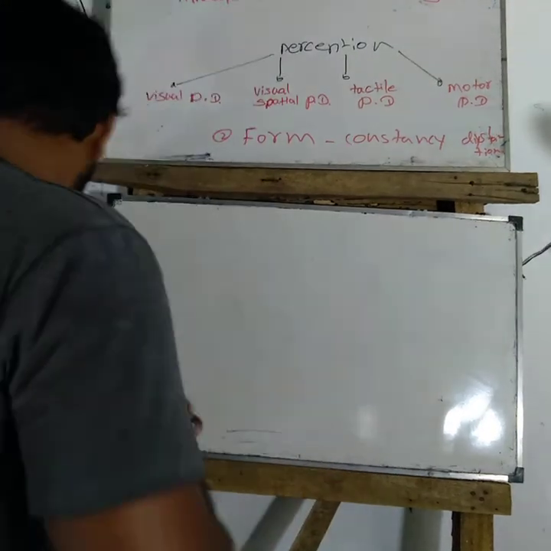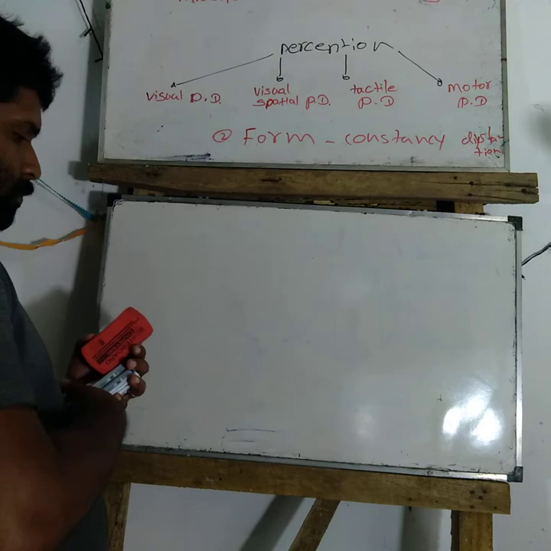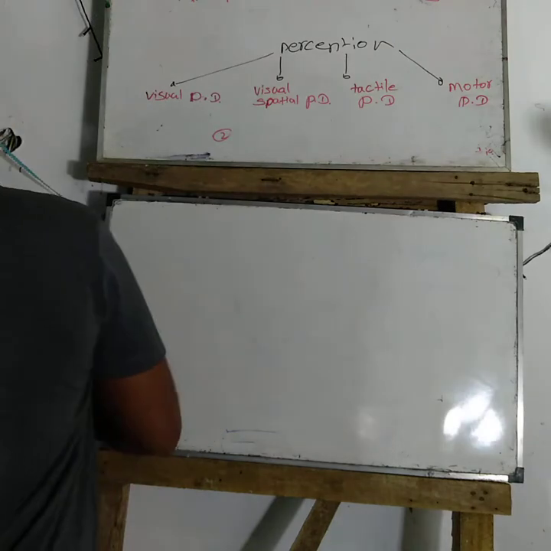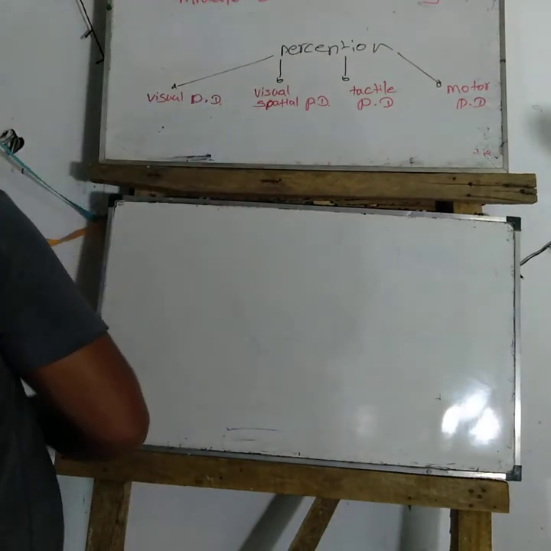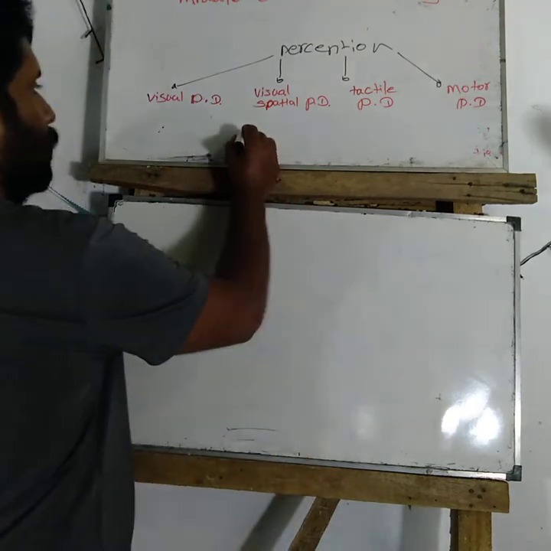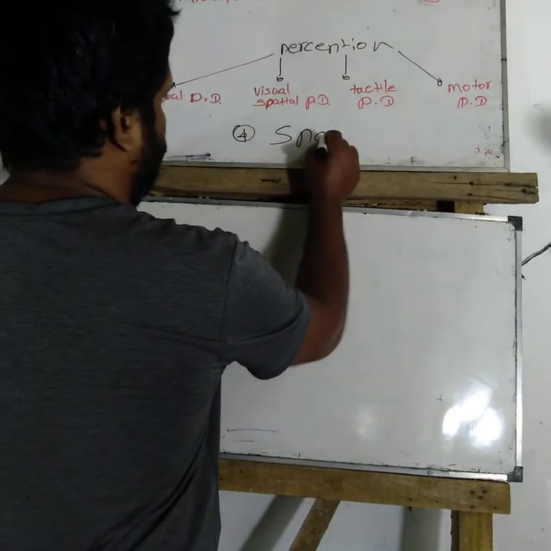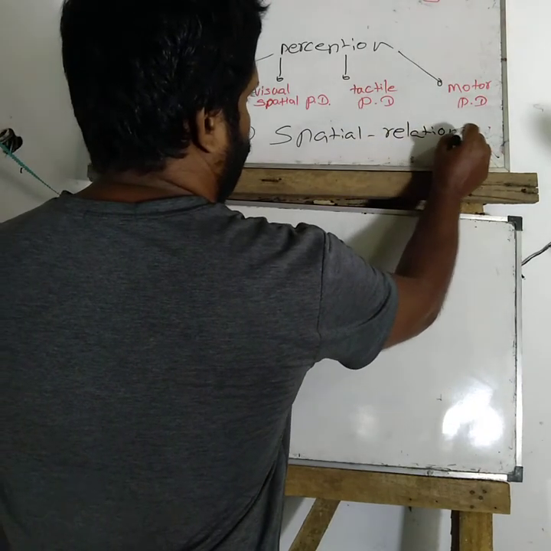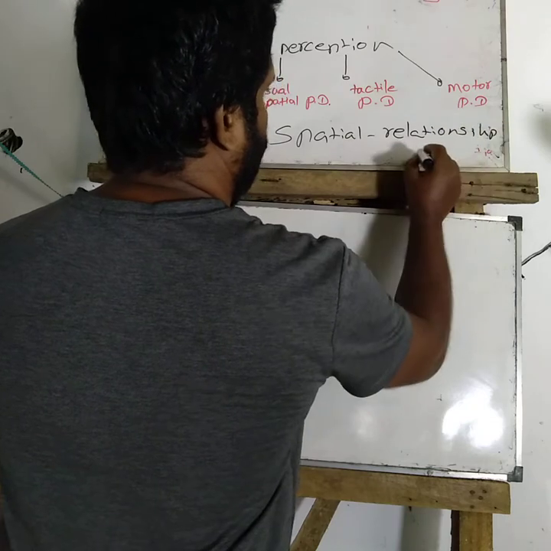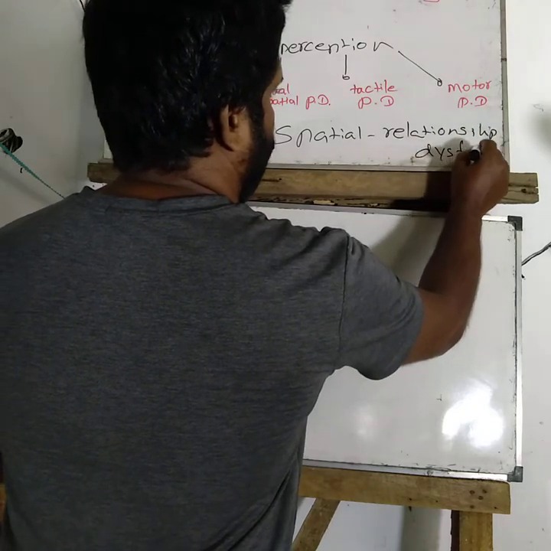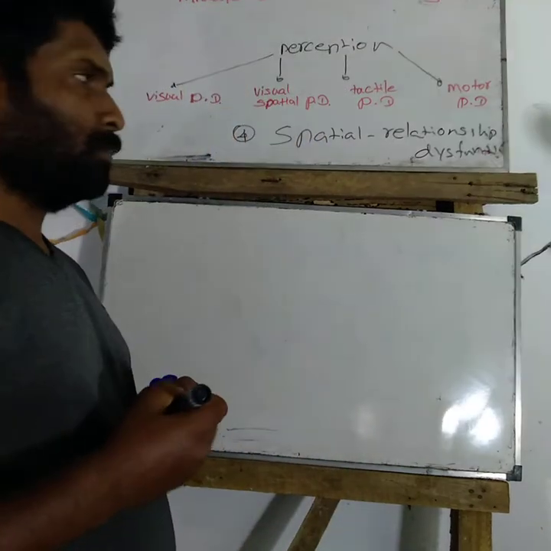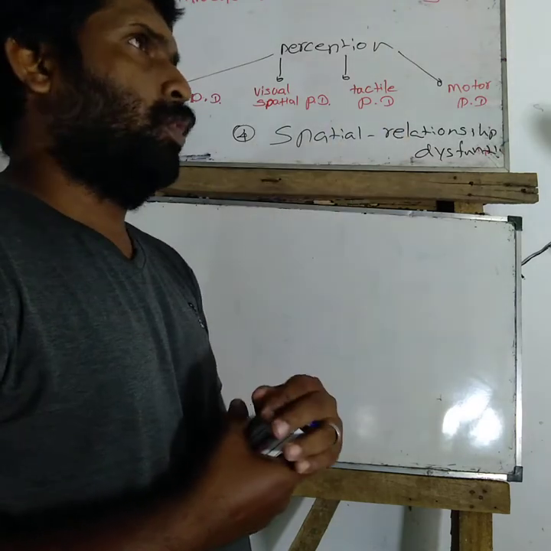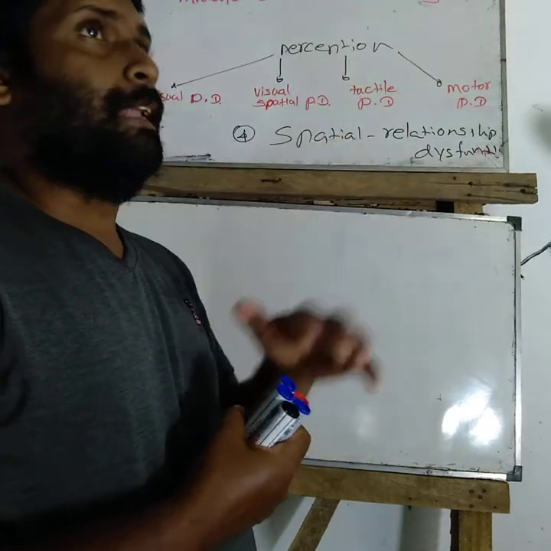Right, now we are going to discuss spatial relationship dysfunction. Spatial relationship dysfunction is the problem. Spatial relationship is the most important when we are doing ADL activity.